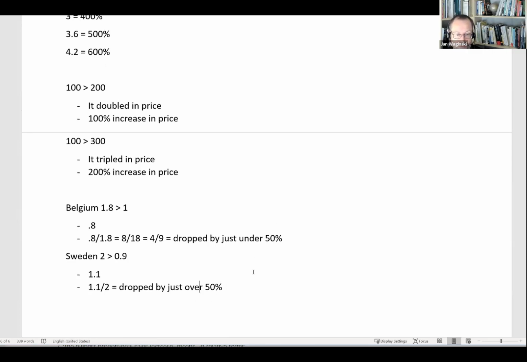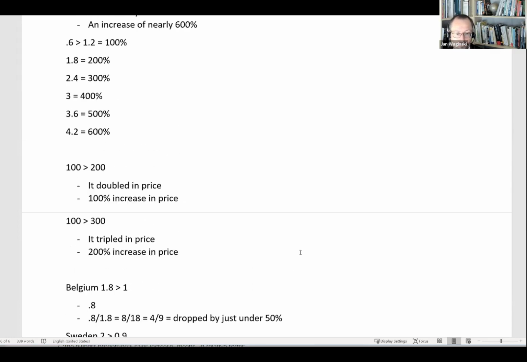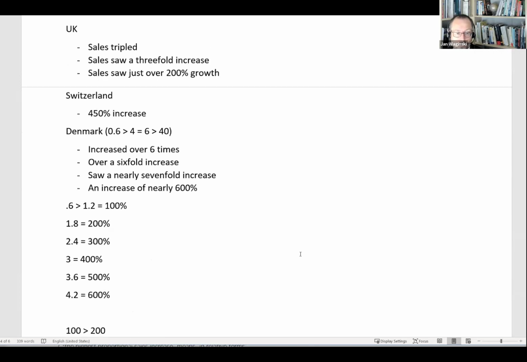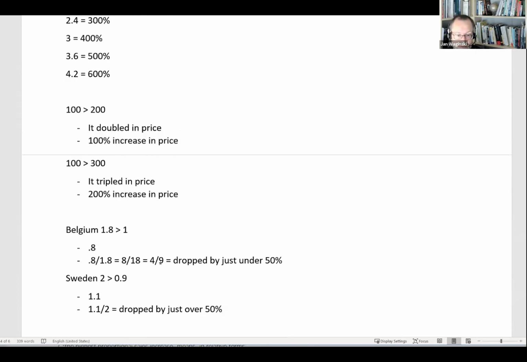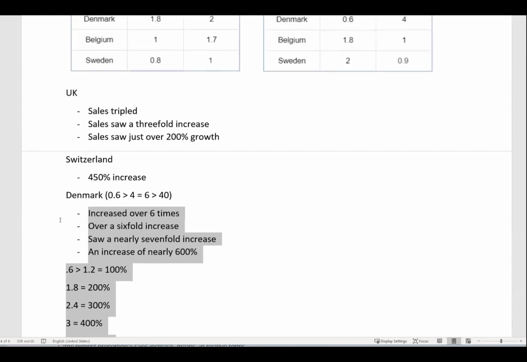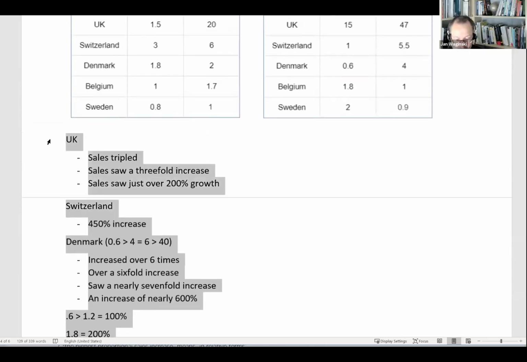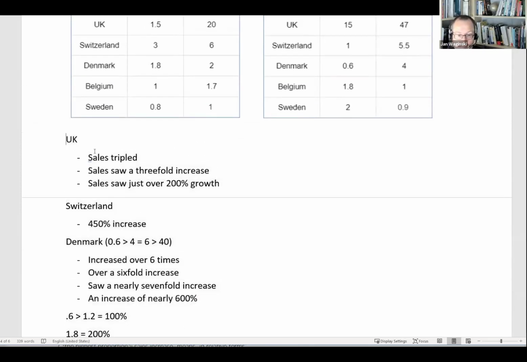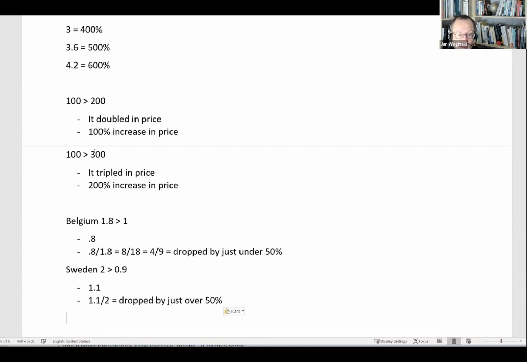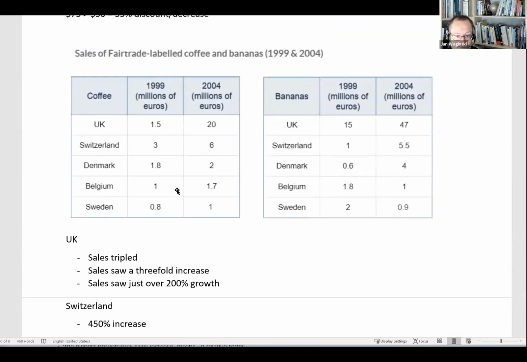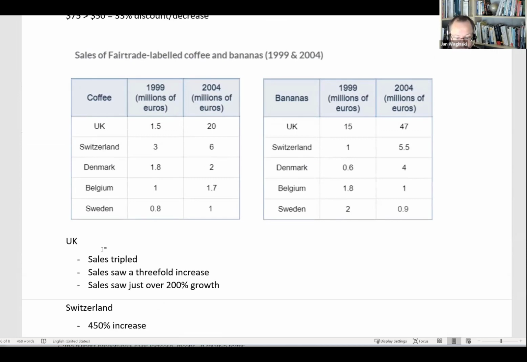So we've got our numbers now. So how are these significant? Let me just copy this stuff and get rid of all of our calculations and just leave the raw numbers. Okay, so UK is 200% increase.